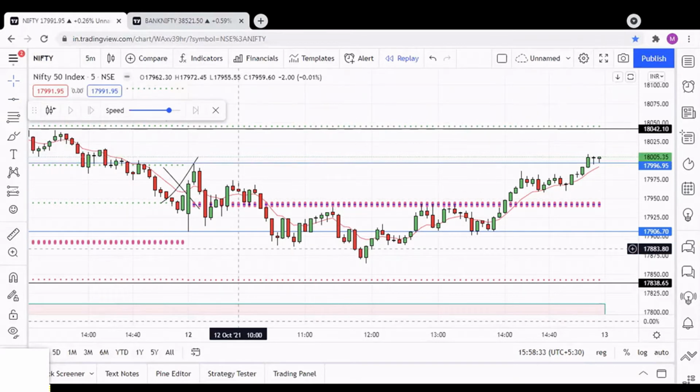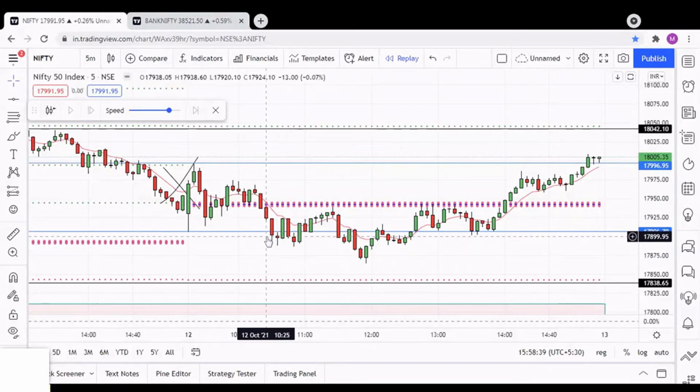Looking for a better opportunity to make an entry, one could see this red candle as an opportunity to go short, but I will not prefer to go short here because at the same time, Bank Nifty was inside this CPR. When Bank Nifty is inside the CPR, we cannot take a trade in Nifty and vice versa.